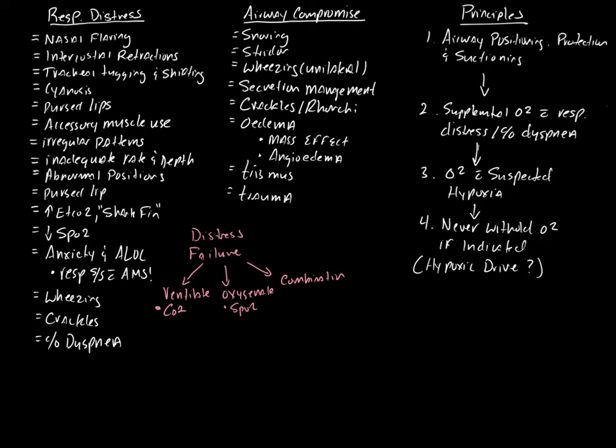Okie dokie. So let's review some of the major signs and symptoms of distress, that perhaps point toward failure, but not necessarily. So nasal flaring. What is nasal flaring? Why would we see that? Right, it facilitates movement of air. We see this more pronounced in children, right?